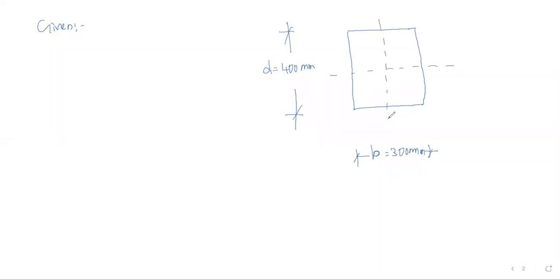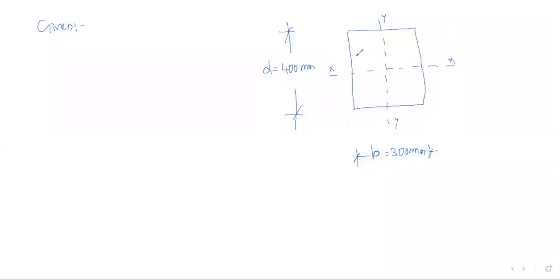If I divide the section with the y axis and the x axis, we need the diagonal length. From the corner it is going to act. So B and D are available.